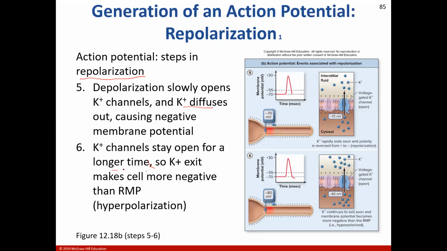So they stay open for a longer time because you have to repolarize the membrane, and sometimes that takes a little bit longer. And I mentioned what hyperpolarization is, when maybe too much potassium leaves the cell. So the cell membrane will go to minus 80, say, or minus 90 even. So once that membrane gets that hyperpolarized, it's harder to get another action potential.